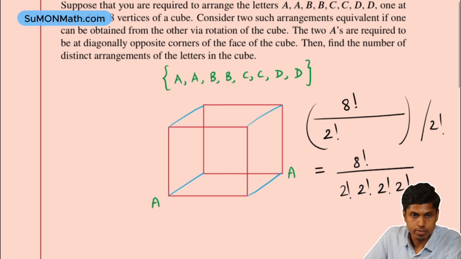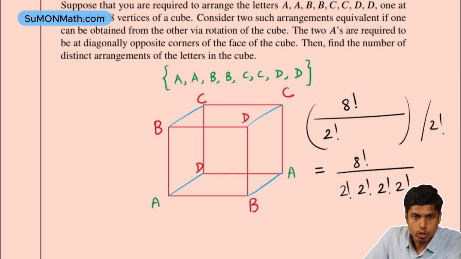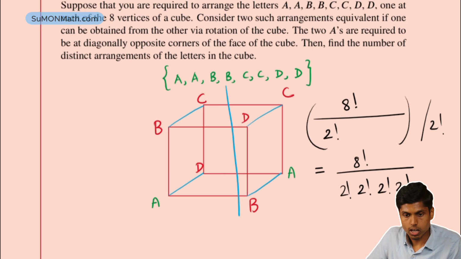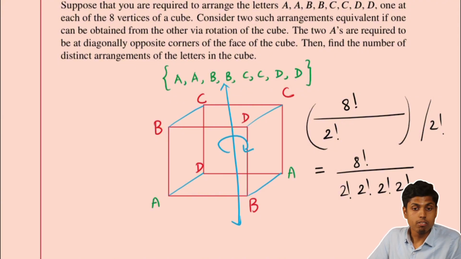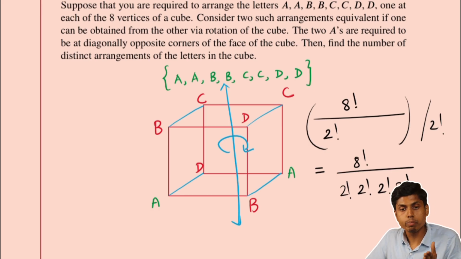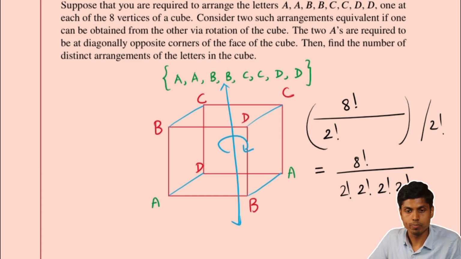For example, if you have B here and B here, C here, D here and D here, when you perform that rotation about the center line joining centers of top and bottom faces, you will get the two A's exchanged, which will put the same configuration at the end. But the positions of B, C, D will change. That will give you a completely different permutation of the letters on the vertices of the cube.